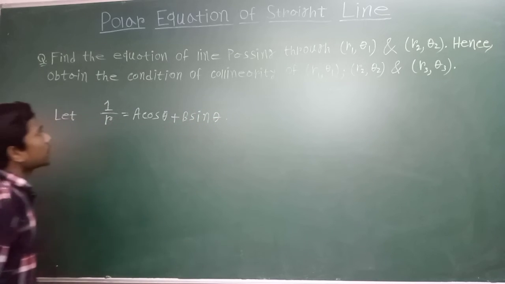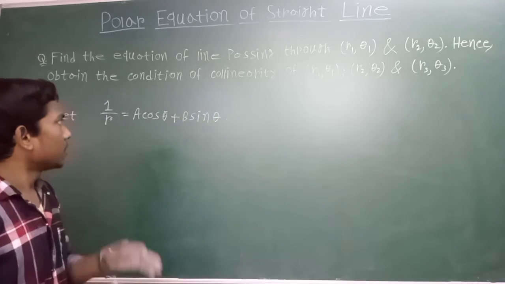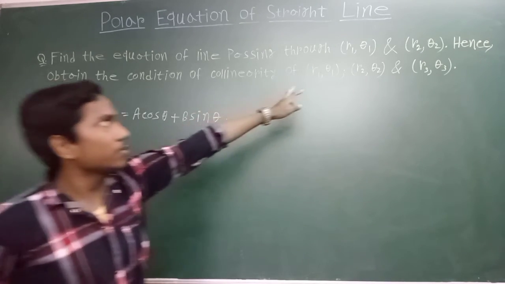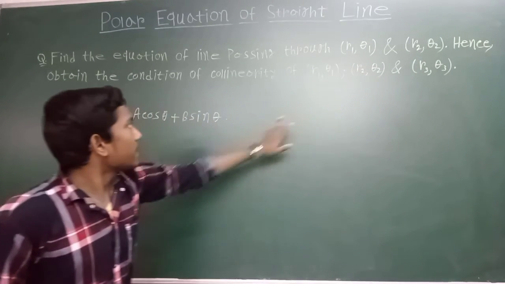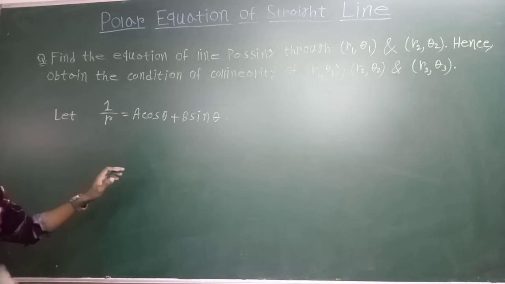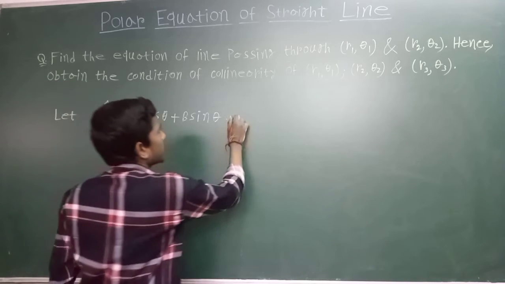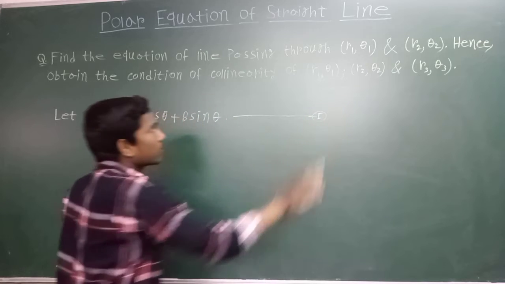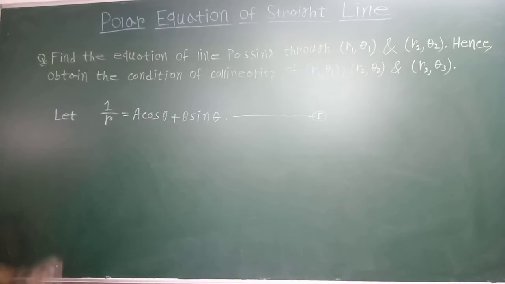This is the equation of the line, we suppose. Now since the line passes through these two points, the points r1 theta 1 and r2 theta 2 must satisfy this equation. So this is our equation 1.